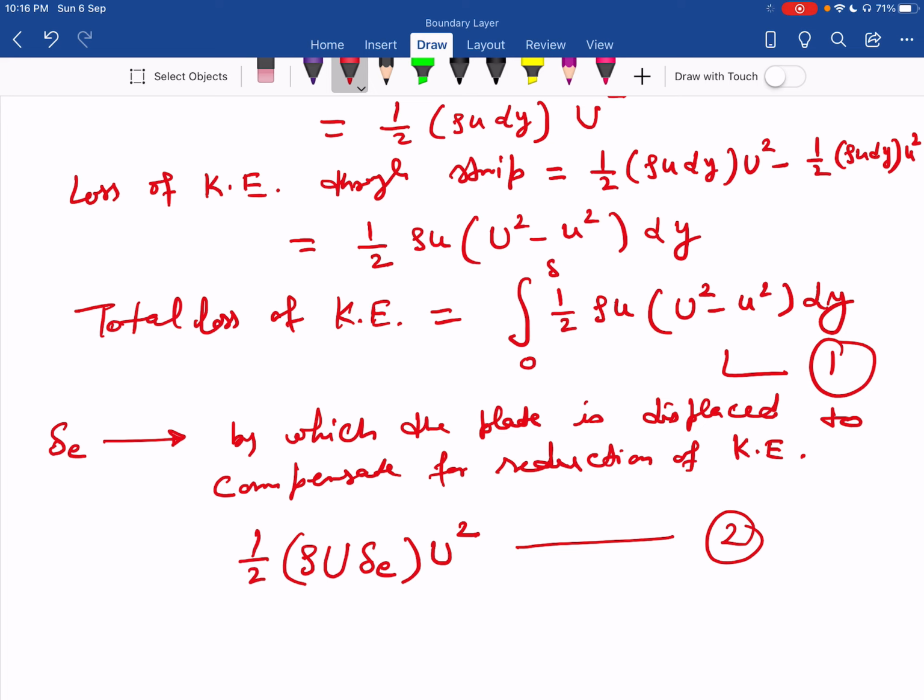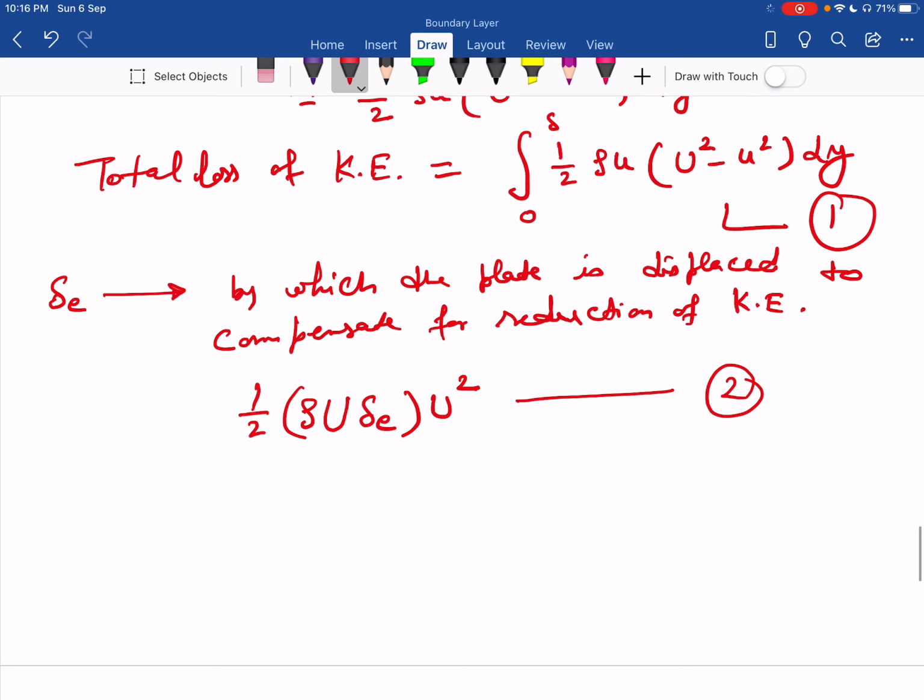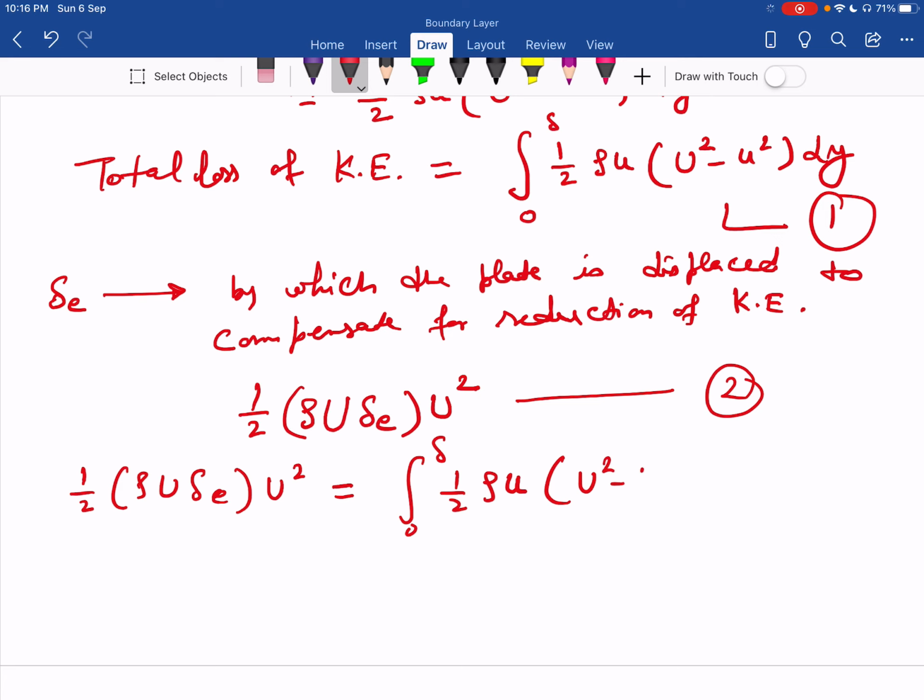So I equate equation 1 with 2 again. So that is 1 by 2 rho delta E U cube equal to the integral from 0 to delta of 1 by 2 rho u (U square minus small u square) dy.